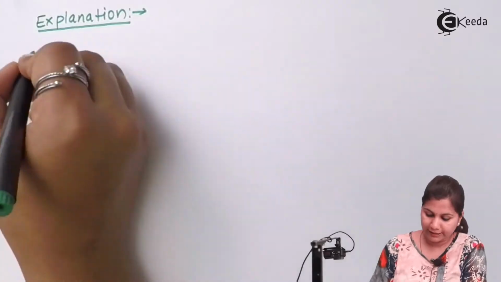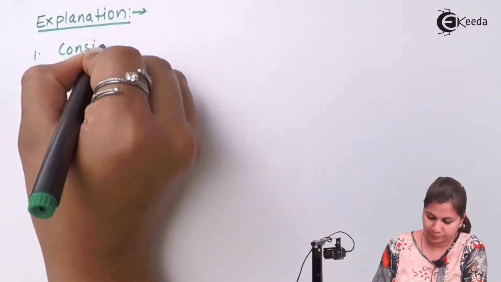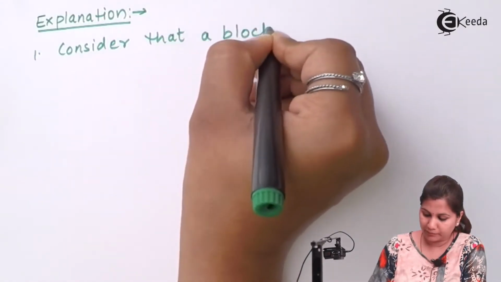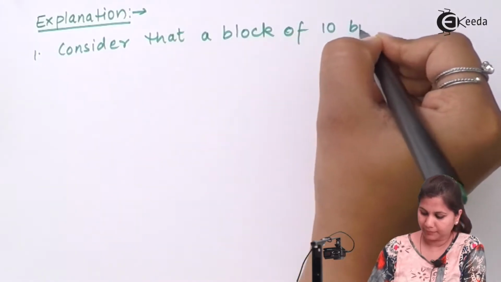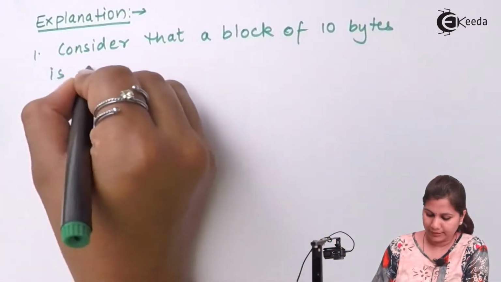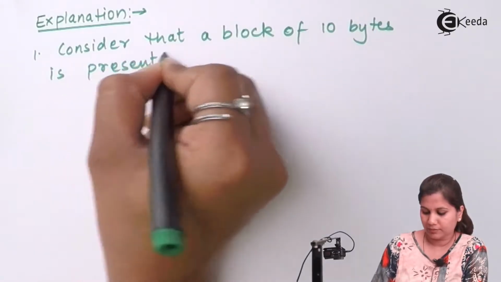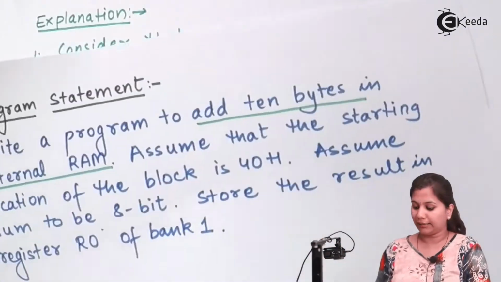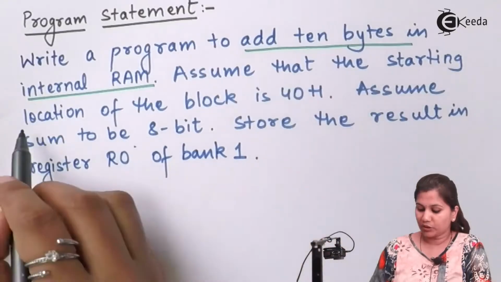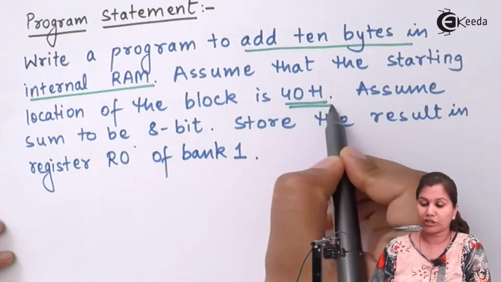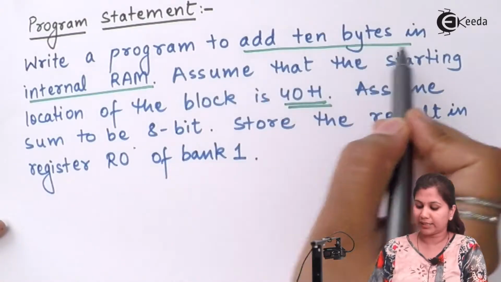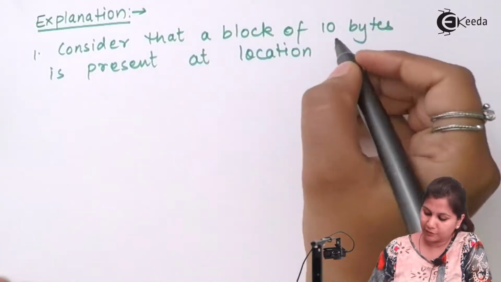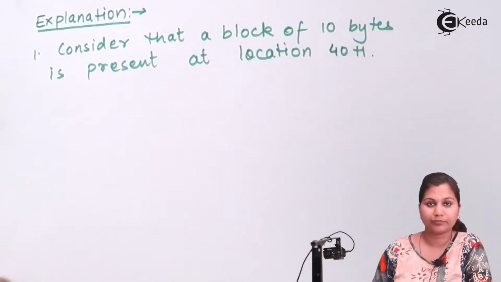So our first thing is we have to consider that a block of 10 bytes is present at location, it is given in the question that we have to assume the starting location of the block as 40H. Okay, and we have to take 10 bytes of the memory.